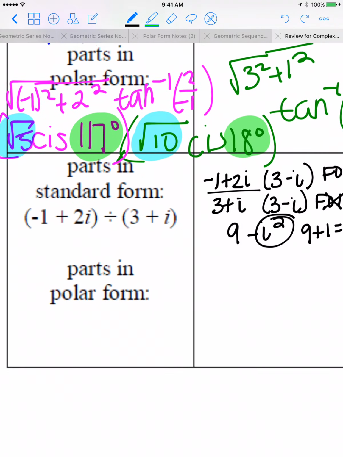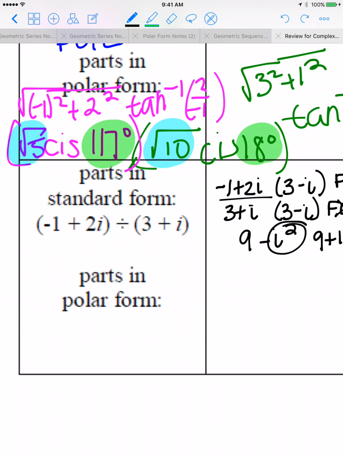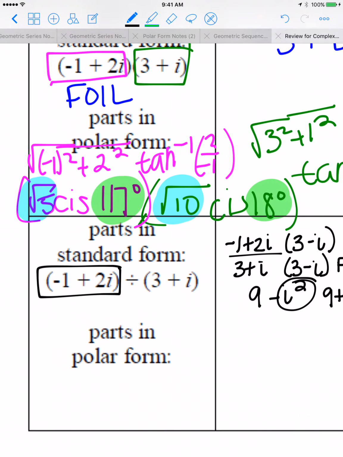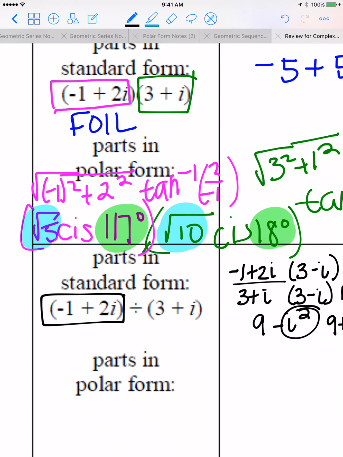Okay, so the other way that you can do this is take each one and change it into polar form individually, where we're going to get really good at changing these quickly. And we already did it in this top one. Do you see they're the same? Same.